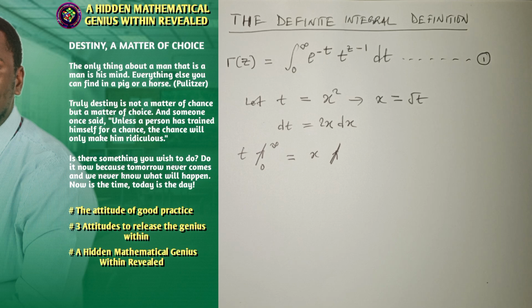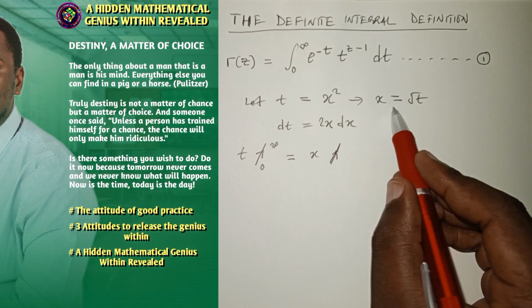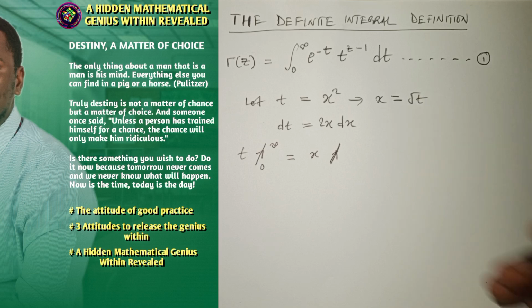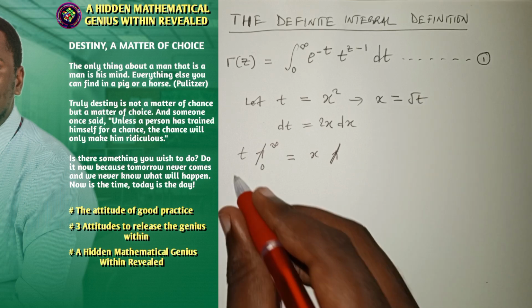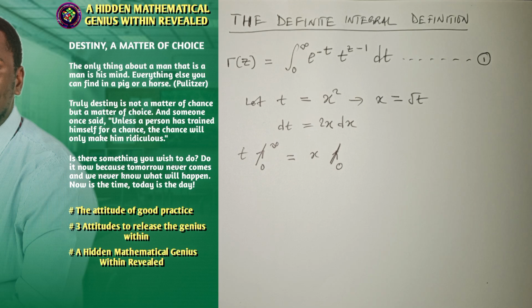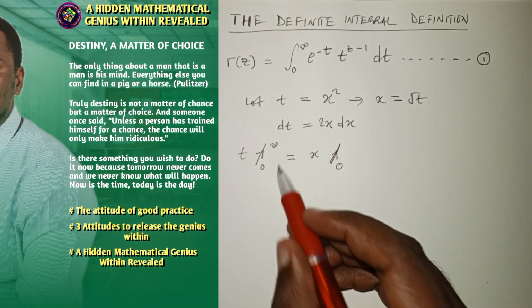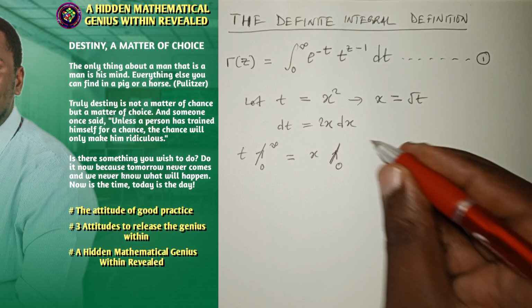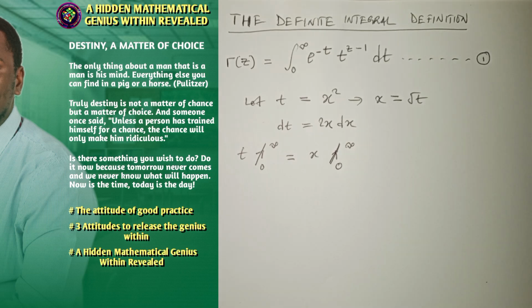When t is 0, x is equal to the square root of t, and the square root of 0 is just 0. So when t is 0, x will be 0. When t is infinity, x will still be infinity. So the limits will remain unchanged.